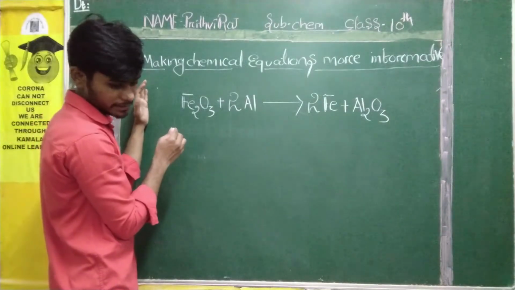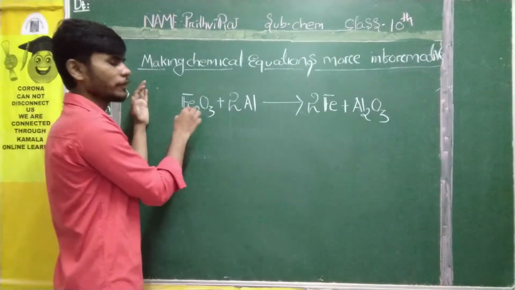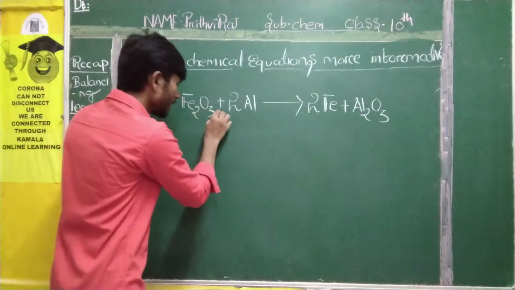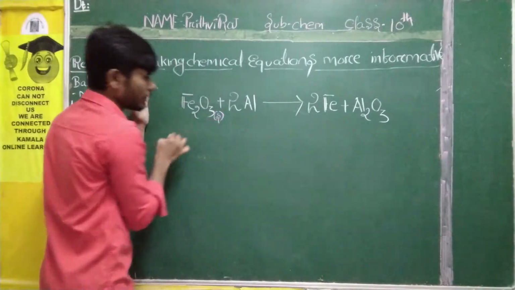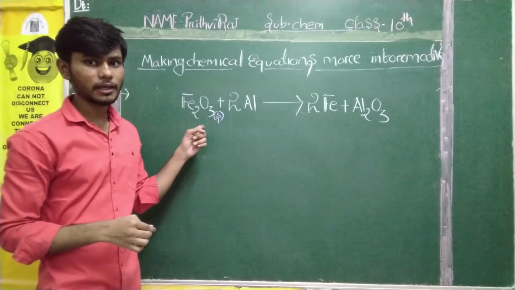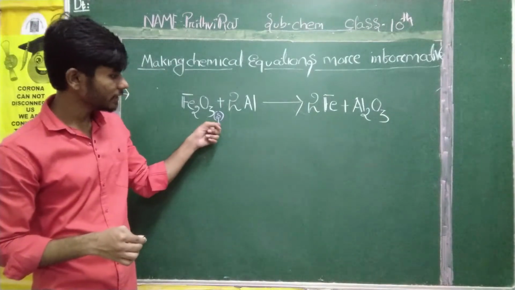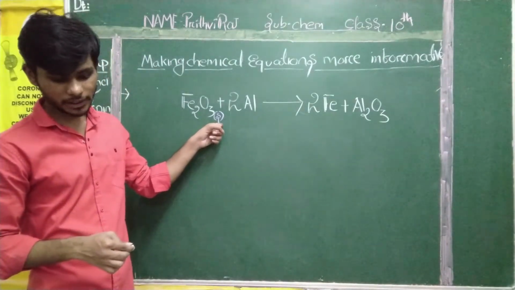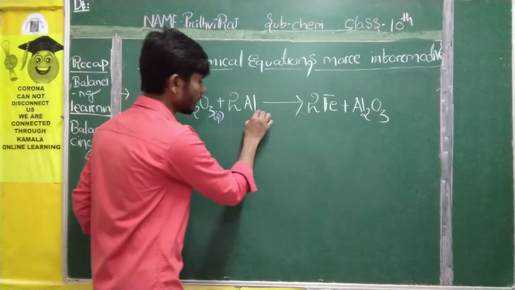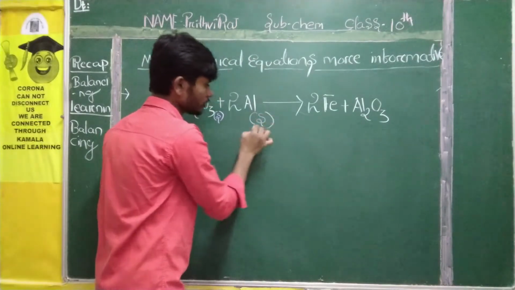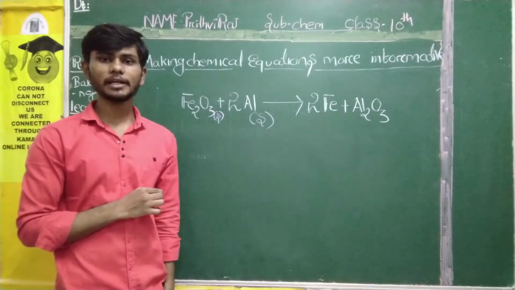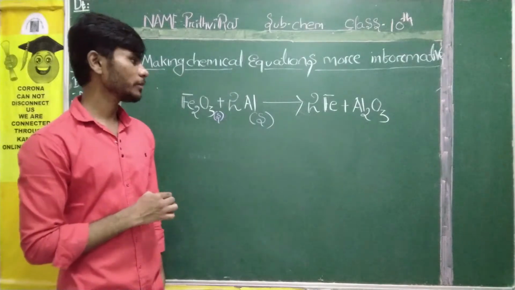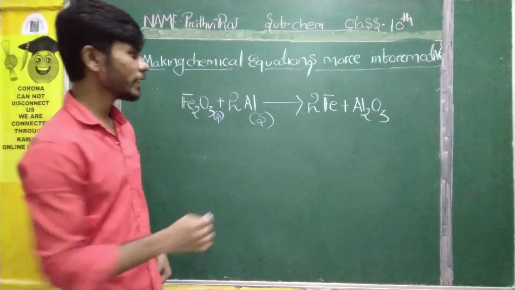Fe2O3, what exactly is it? It is solid. Ferric oxide is a solid compound, so I'll write S in brackets. Aluminum is also a solid, so again write S in brackets.